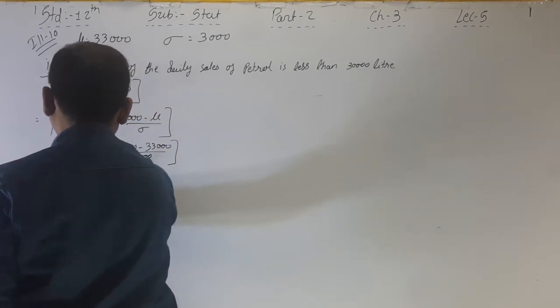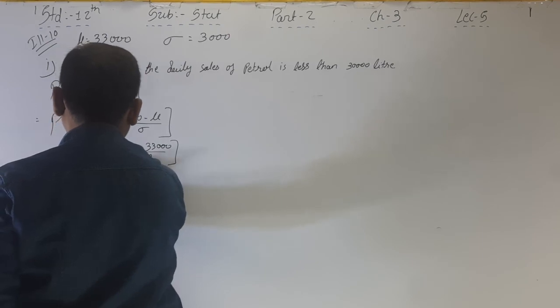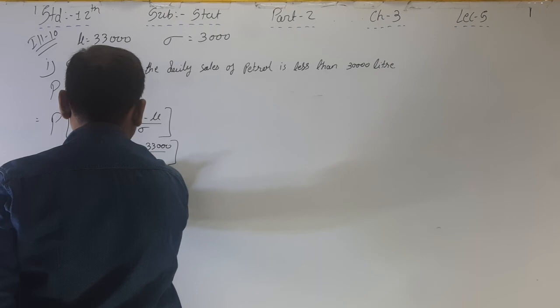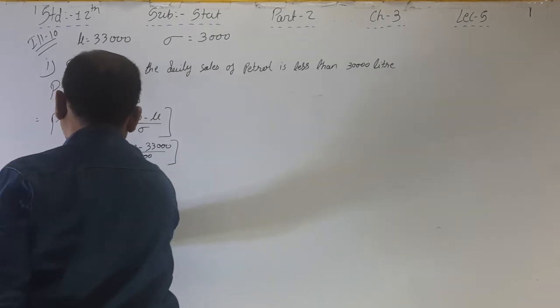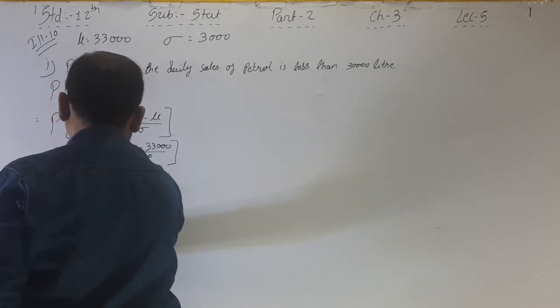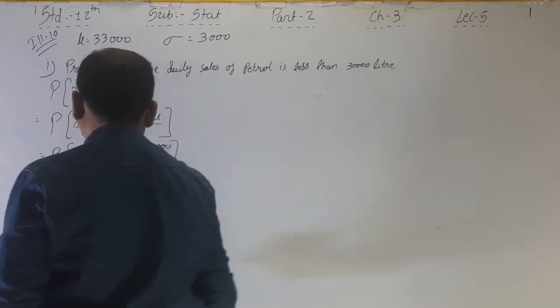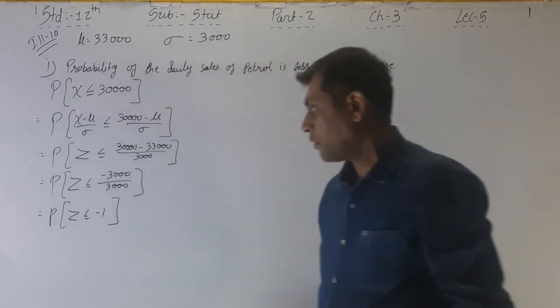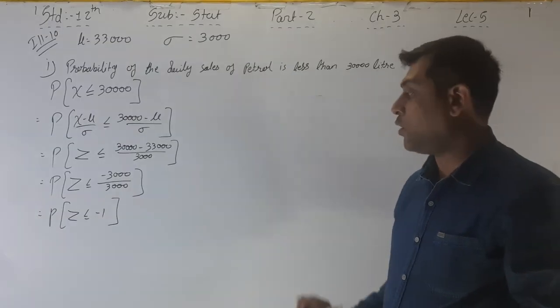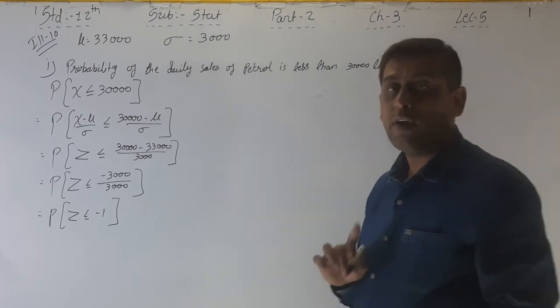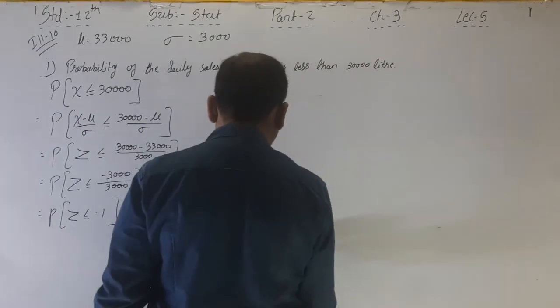So P of Z less than or equal to minus 3,000 divided by 3,000, which is P of Z less than or equal to minus 1.